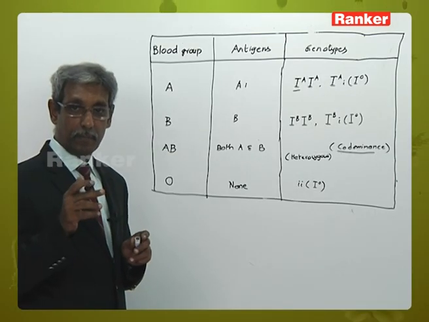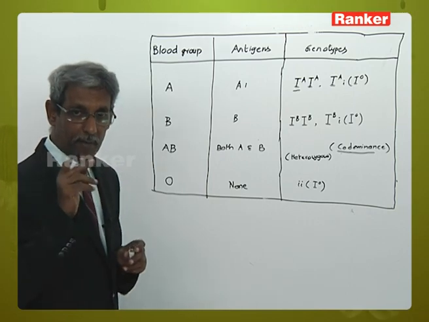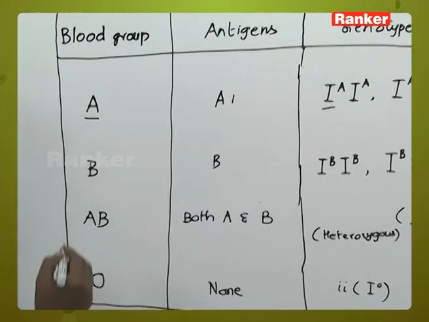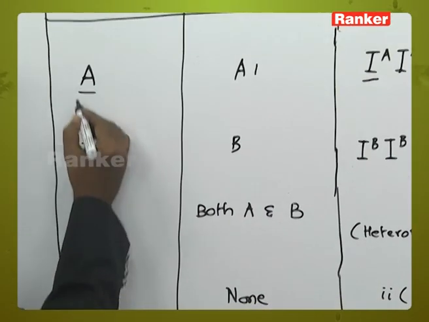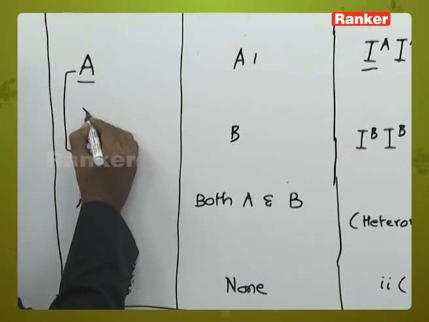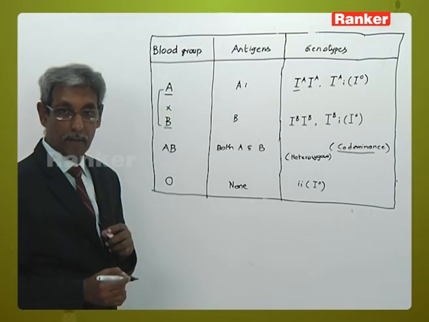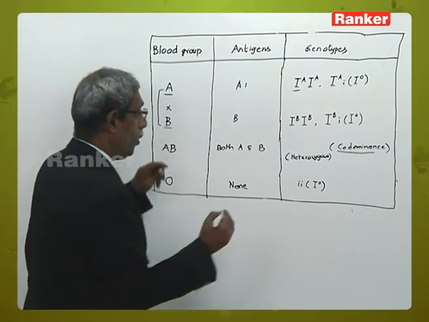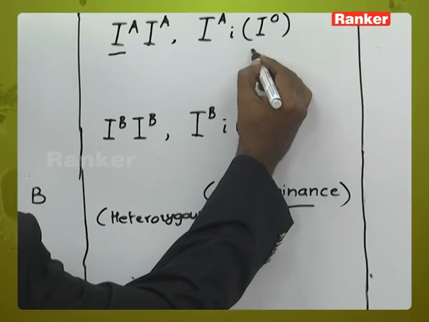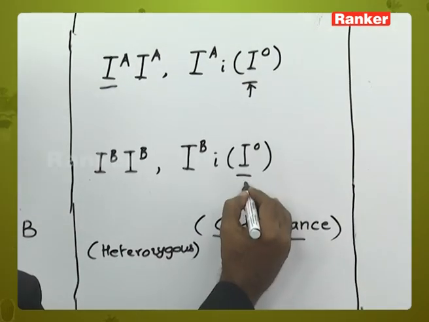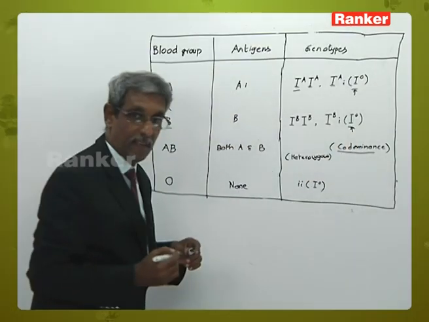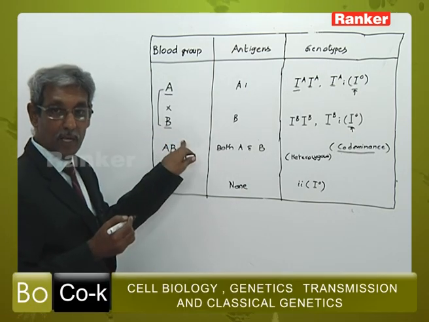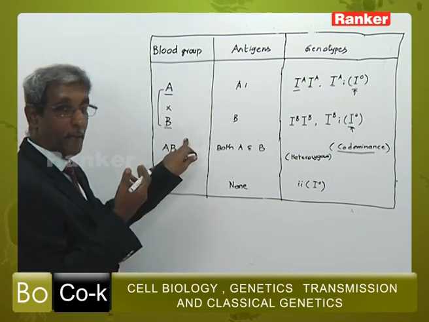When you look at the particular problem, you understand that a man with blood group A marries a woman with blood group B. The child has blood group O. Thereby the question asked is, what could be the genotype of the parents?